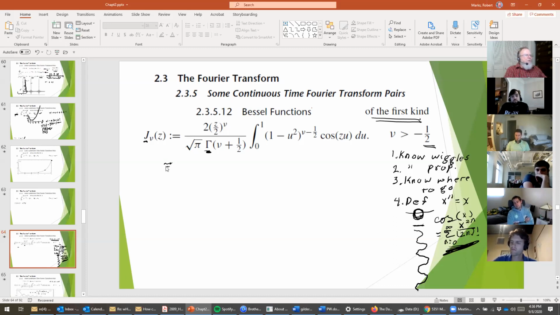Notice that this is equal to this coefficient here. I'm not going to rewrite the whole coefficient because I'd hurt myself. It's equal to this coefficient times the integral from 0 to 1 of (1 minus u squared) to the nu minus a half times the cosine of zu.